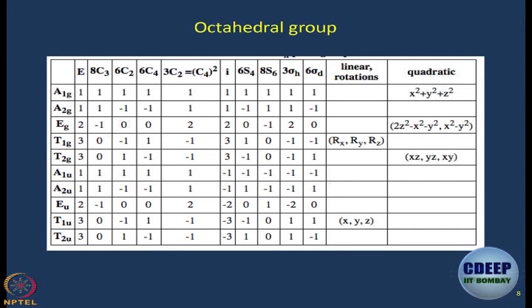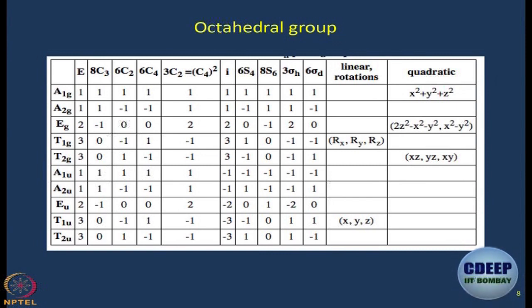Okay. Remember what we have learnt here, that symmetry and degeneracy go hand in hand. So, if we have functions that belong to a 2-dimensional or 3-dimensional representation, then they are going to be degenerate. Okay. Now, if you look at the character table, see xz, yz, xy belong to T2G, okay, and 2z square minus x square minus y square and x square minus y square jointly form the basis for EG.